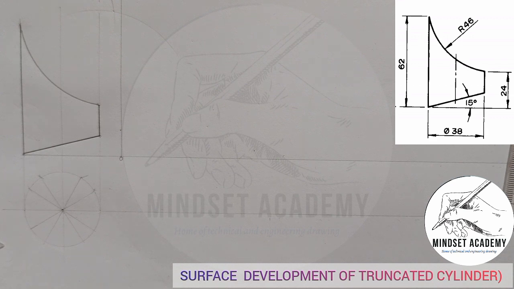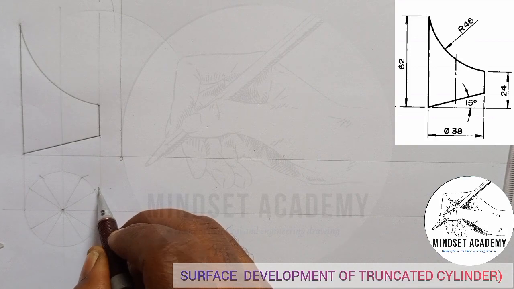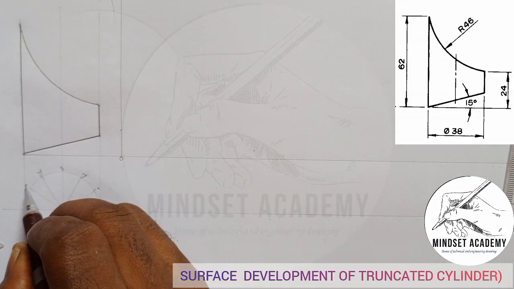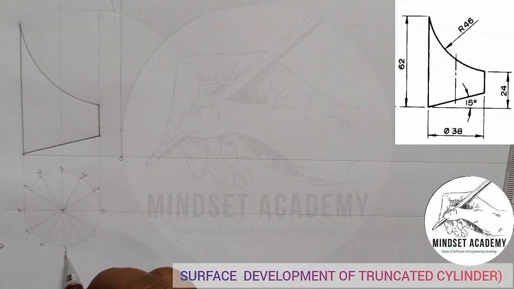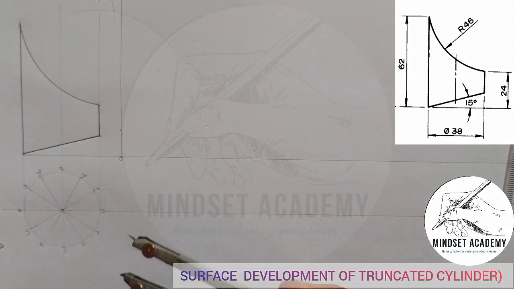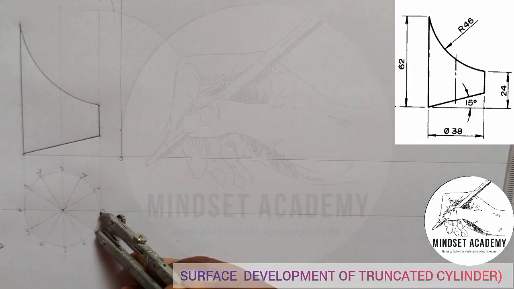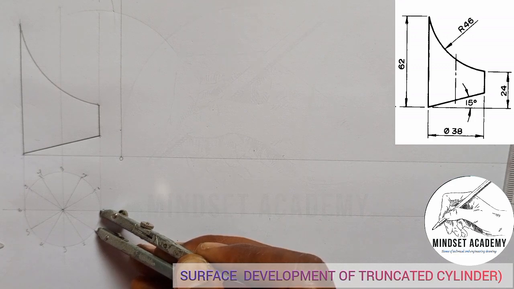Is that okay? So I'll label this to be 0, 1, 2, 3, 4, 5, 6, 5, 4, 3, 2, 1, 0. And I'll just take the radius of any of these two divisions, either 0 and 1 or 1 or 2, any of them in this manner, right?